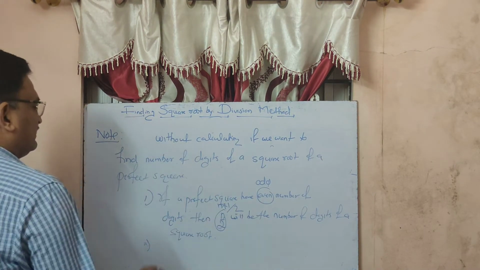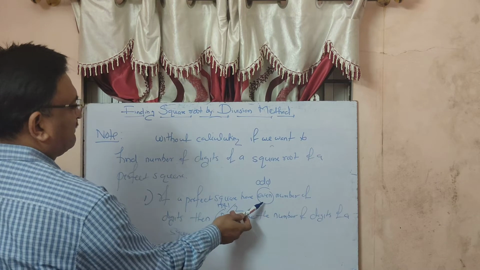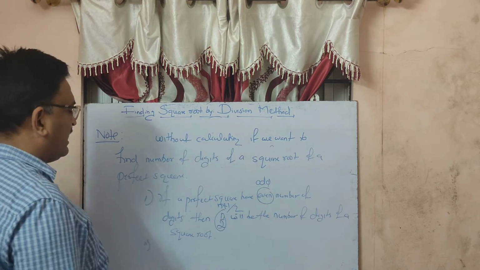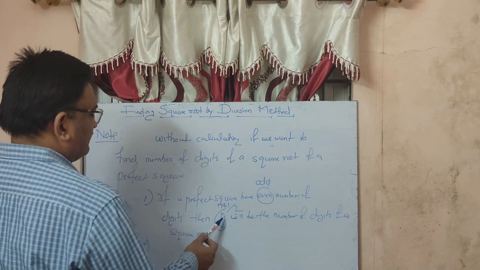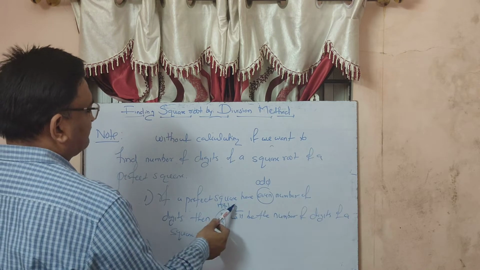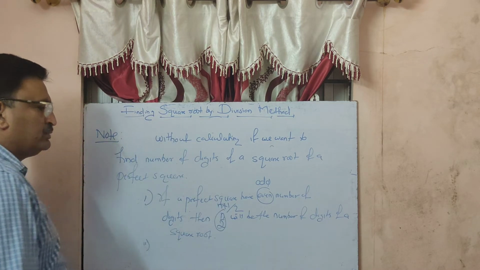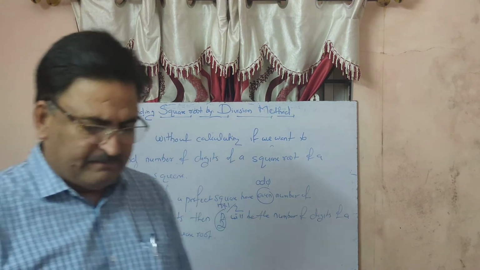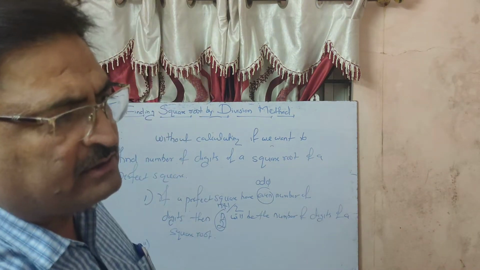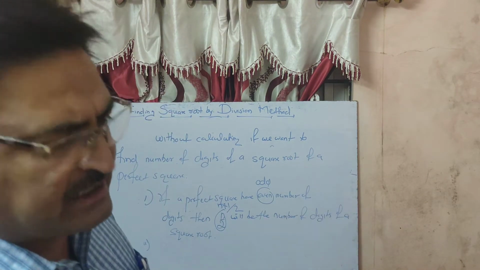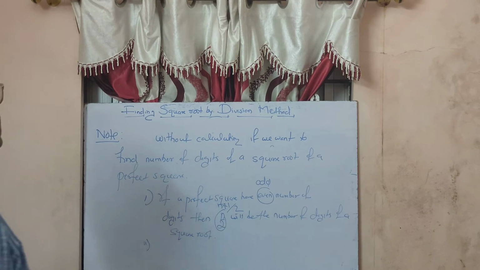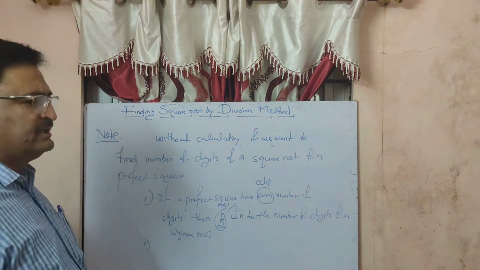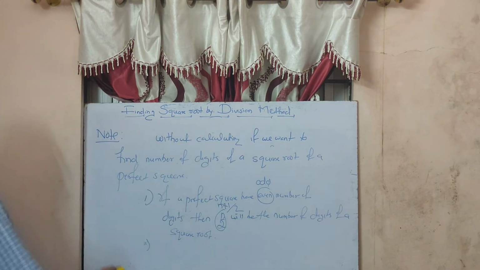Same thing, in place of even you write odd, and in place of n upon 2, n plus 1 upon 2. So these two things you have to remember. Now we'll solve some examples and you will understand it. This is an important note you have to remember while solving the examples.